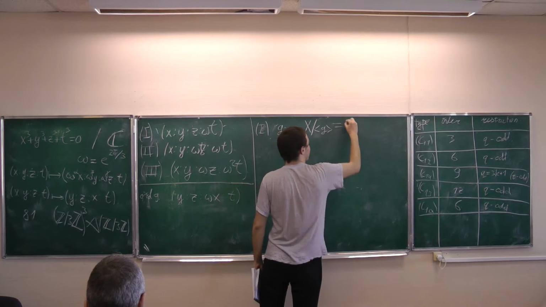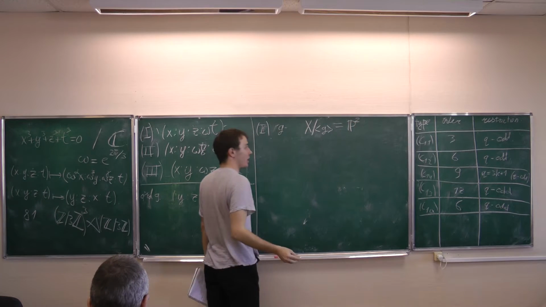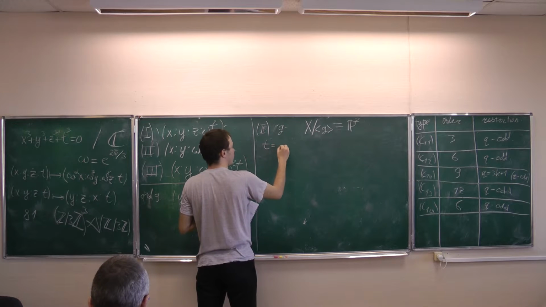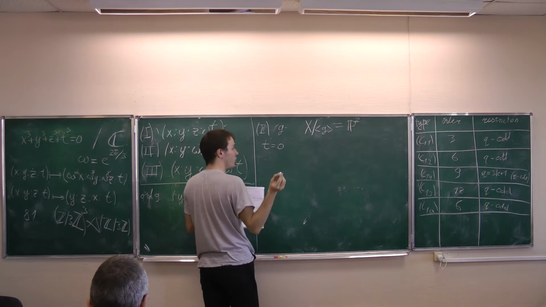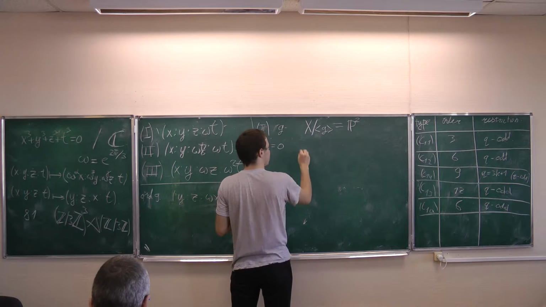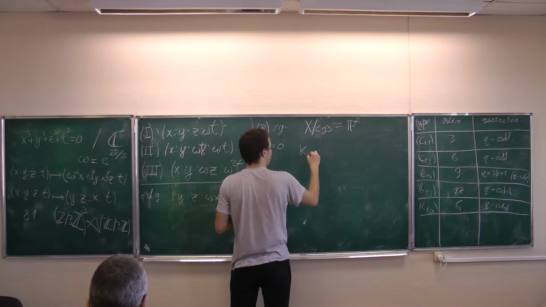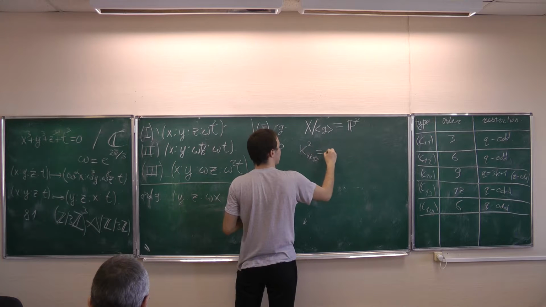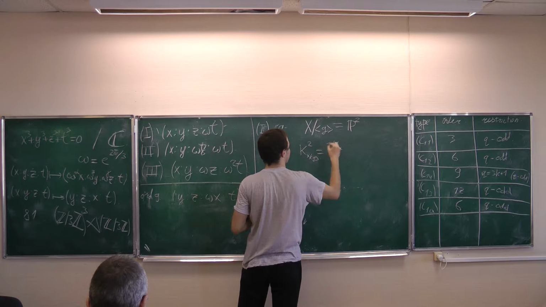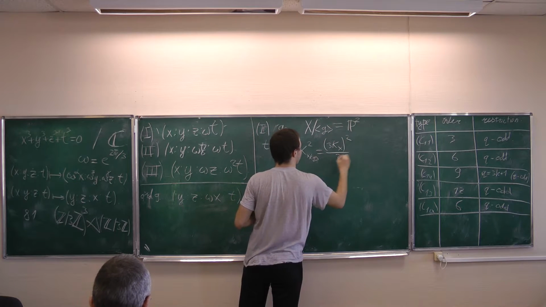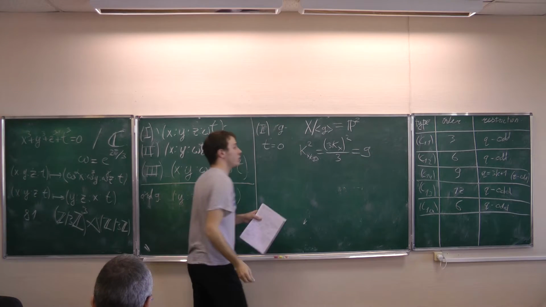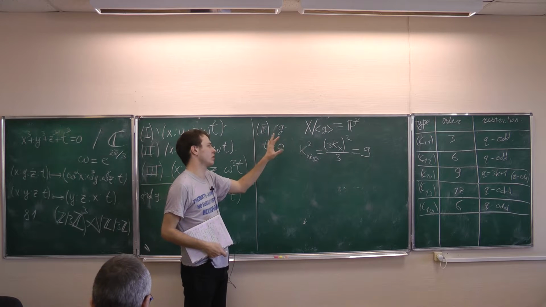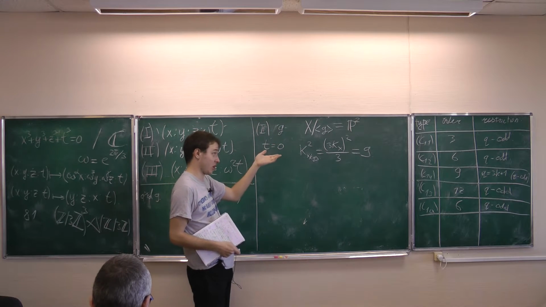It will be the projective plane. Why? Since its element has a curve of fixed points, t equal to 0. And so we can write down the Hurwitz formula and have the following: K_{X/G} squared is equal to 3K_X squared by 3, and so it's 9. And moreover, it's not singular since we don't have isolated fixed points in this case.